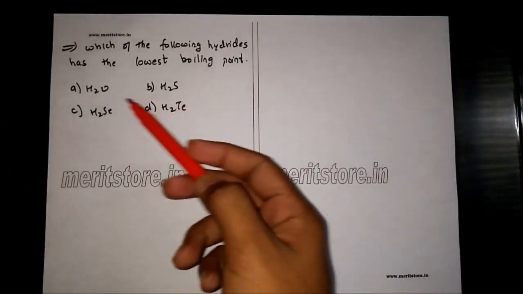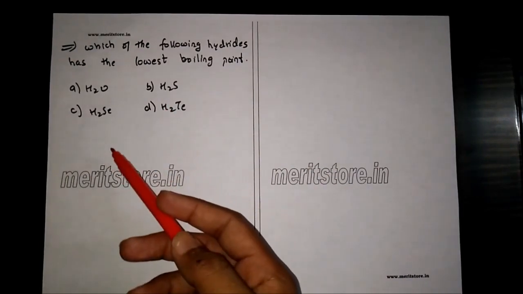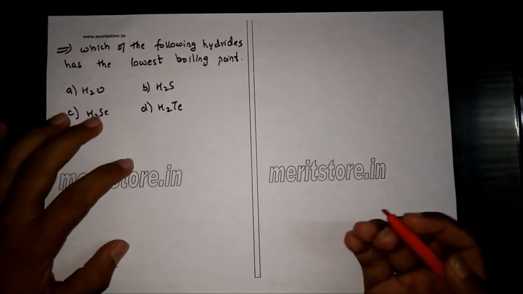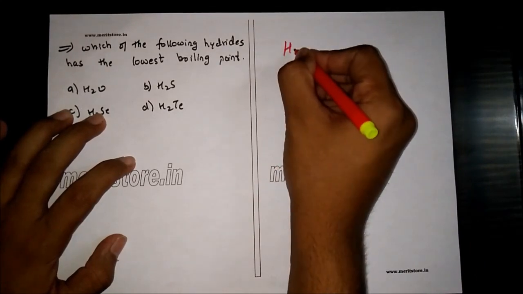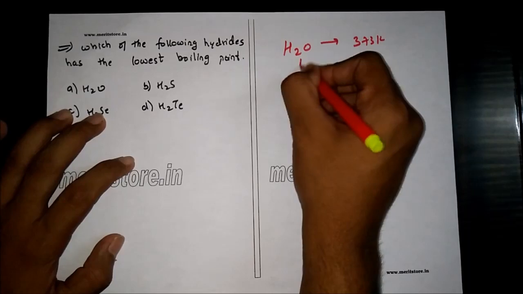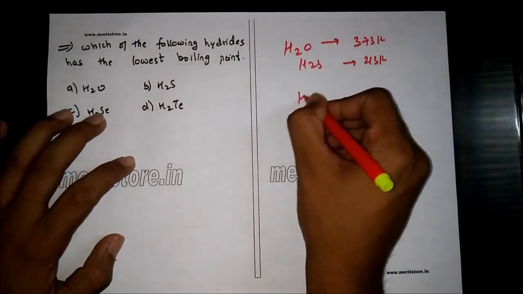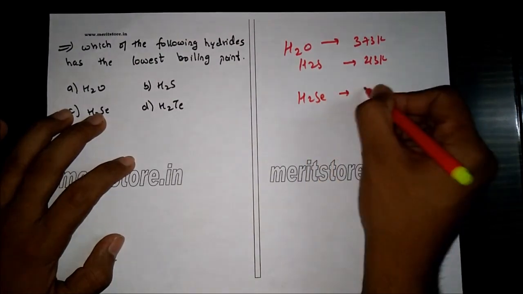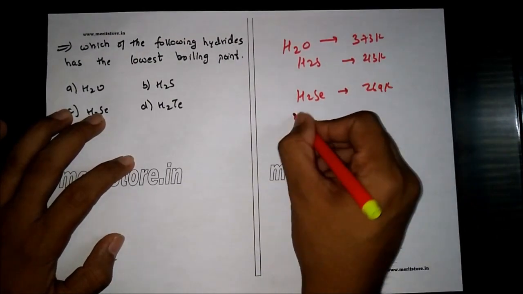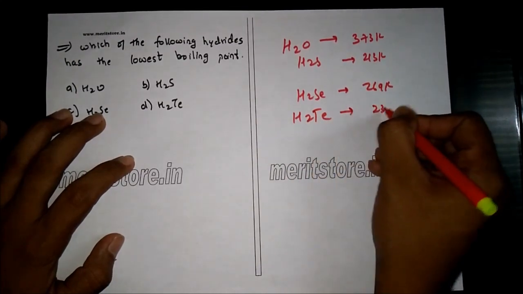The following hydrides has the lowest boiling point: A. H2O, B. H2S, C. H2Se, or D. H2Te. Now let's look at the boiling points of the four compounds. H2O has a boiling point of 373 Kelvin. H2S has a boiling point of 213 Kelvin. H2Se has a boiling point of 269 Kelvin, and H2Te has a boiling point of 232 Kelvin.